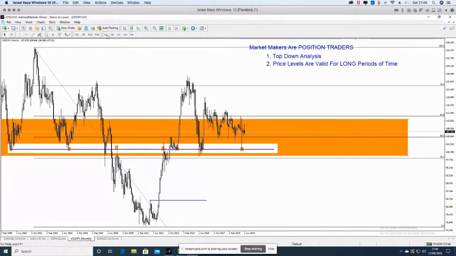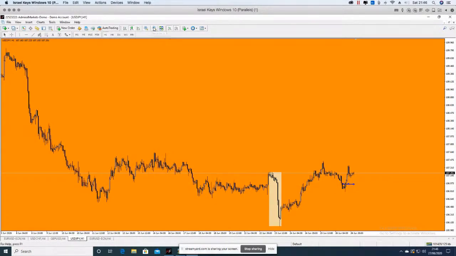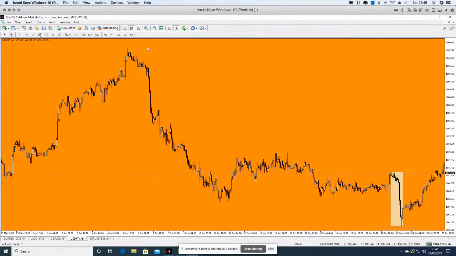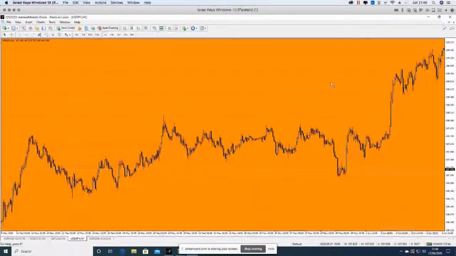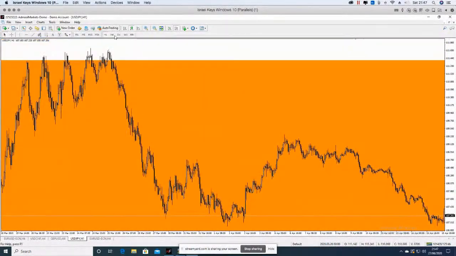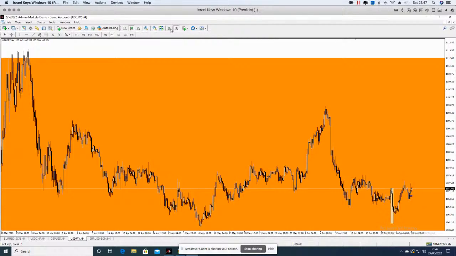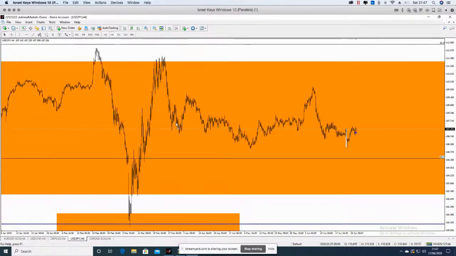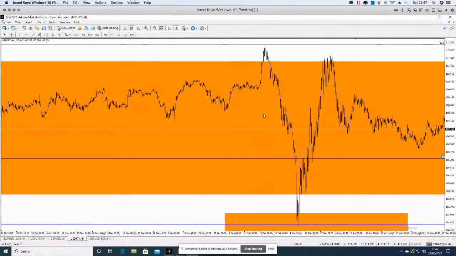Now let's drop down to an hour chart. Let's go find that last reaction on the hour chart. Actually, let's use a 4-hour chart. There we go. There it is here.